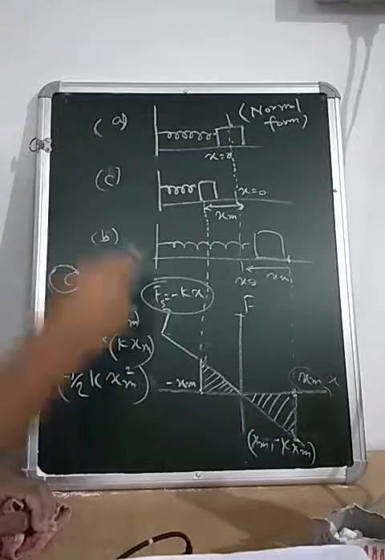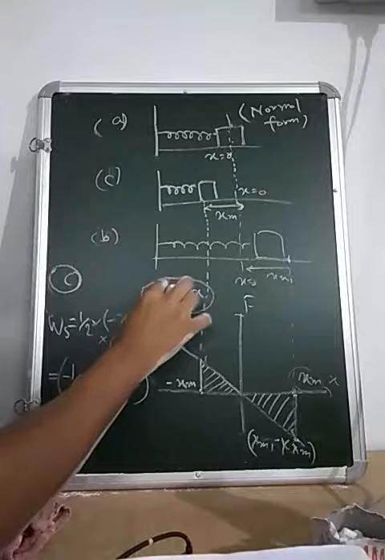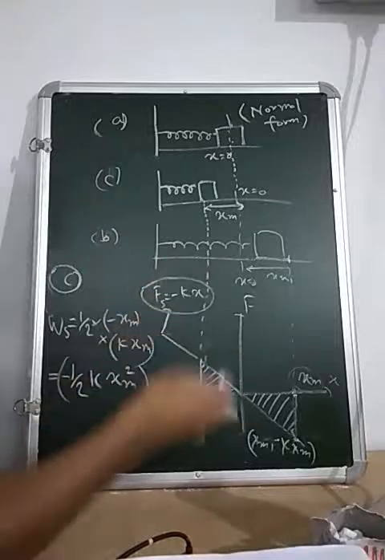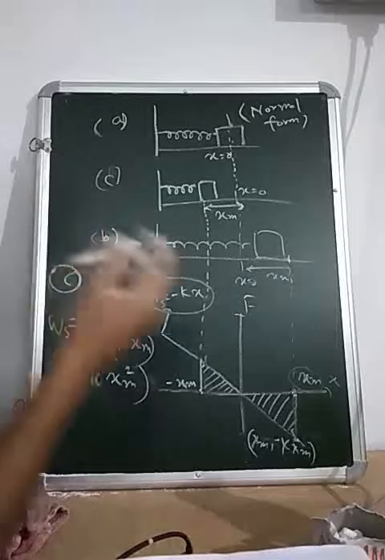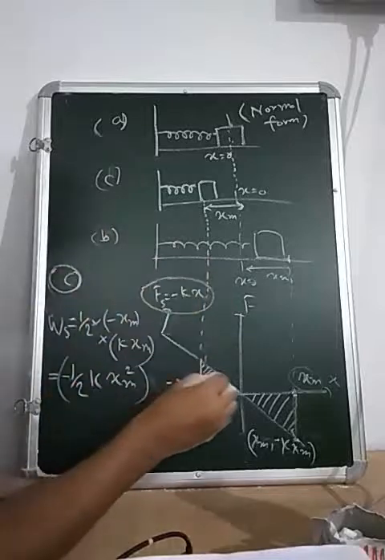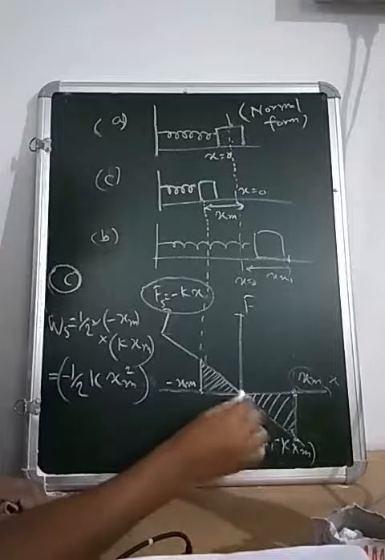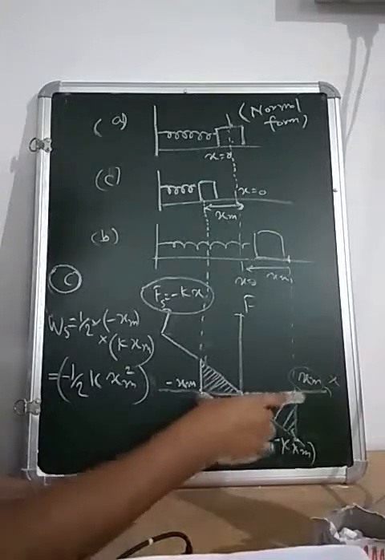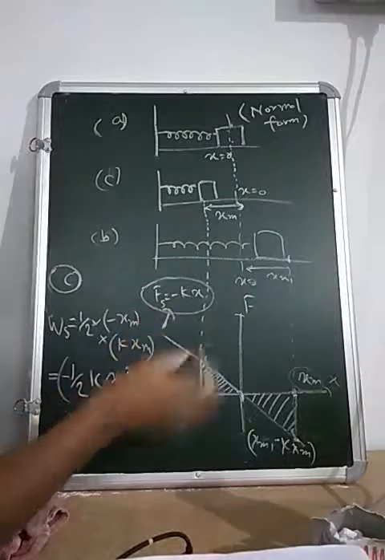So we can calculate the work done by this graphical method, or also by doing the integration like we have done earlier. By using the formula you can calculate the work done, or we can also calculate by going through this graphical method.